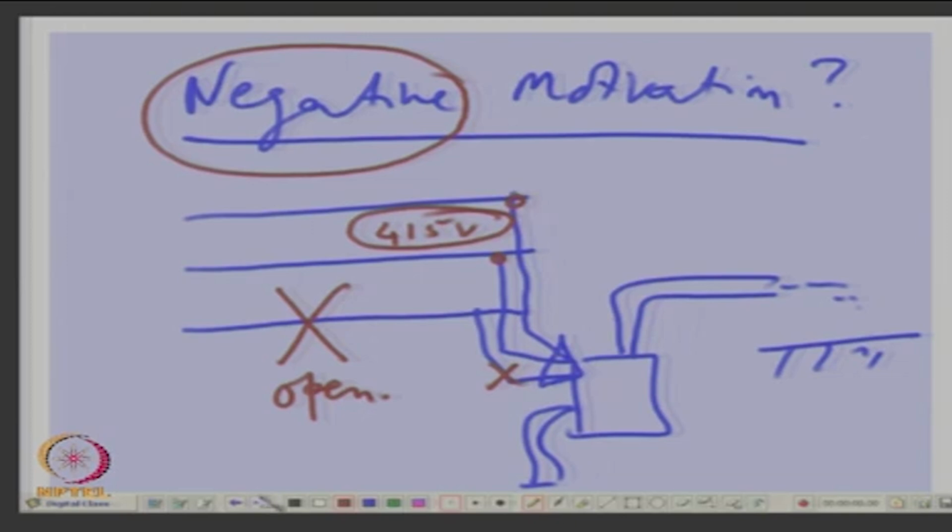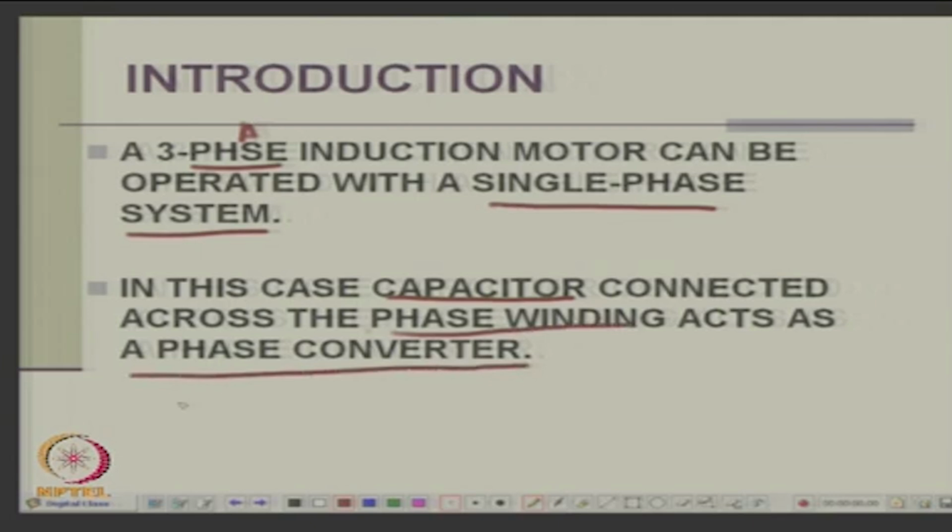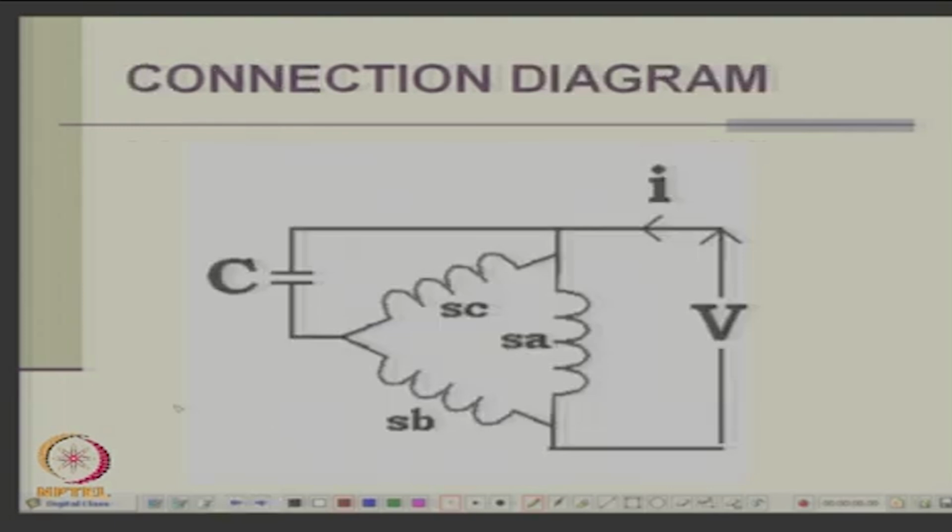Typically, a 3-phase motor can be operated with a single phase system if we connect capacitors across the phase winding, which acts as a phase converter. Now, this is one connection, a delta connection.